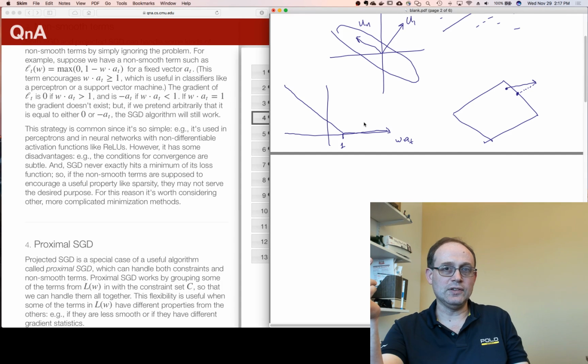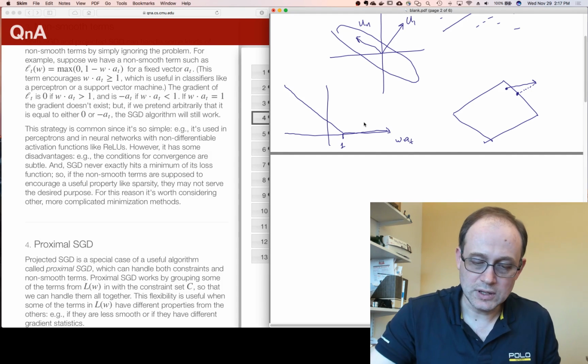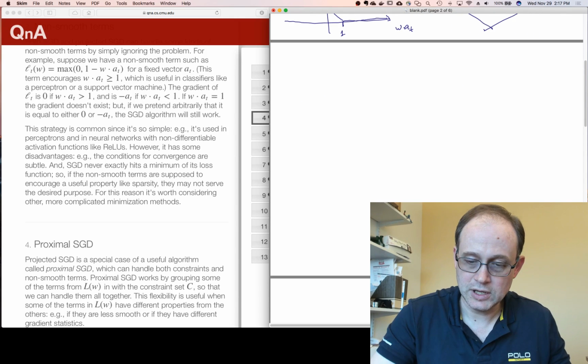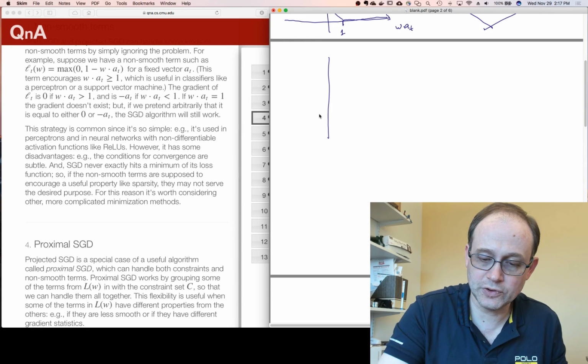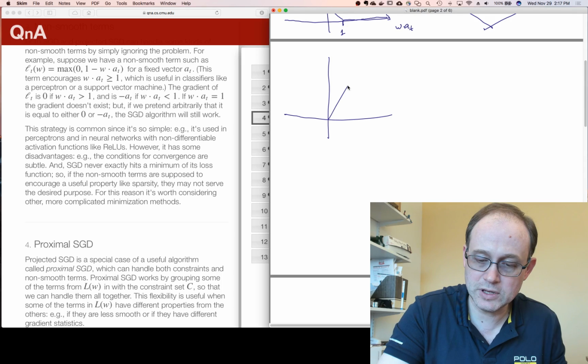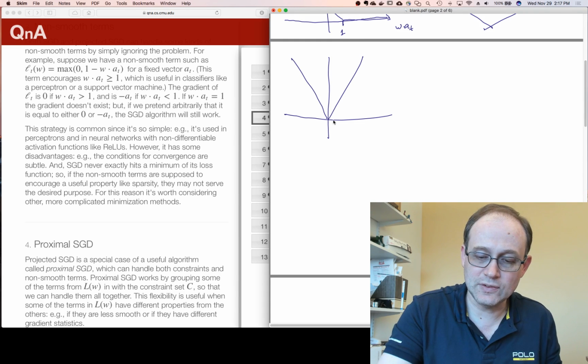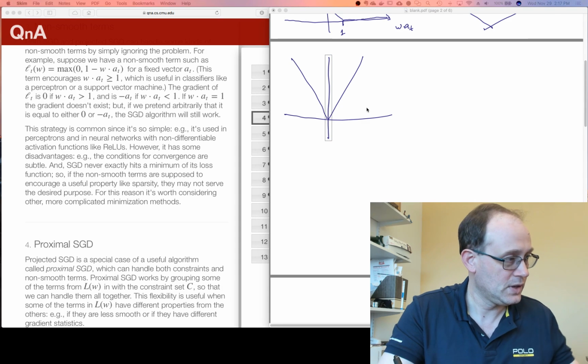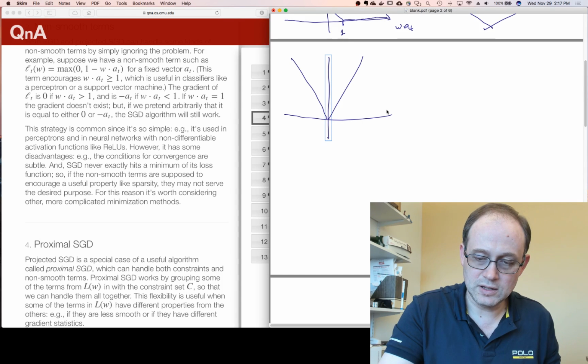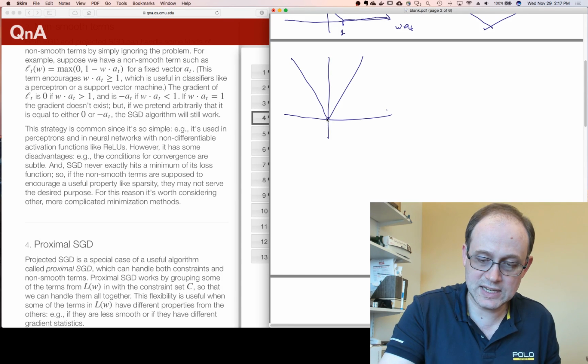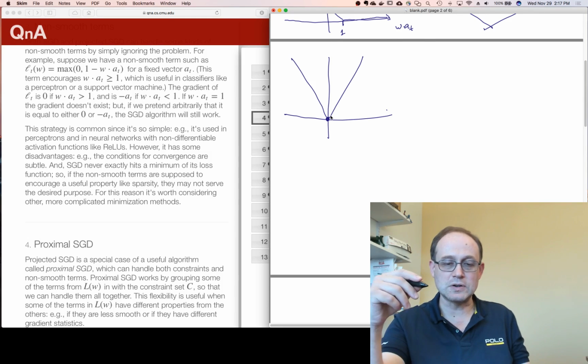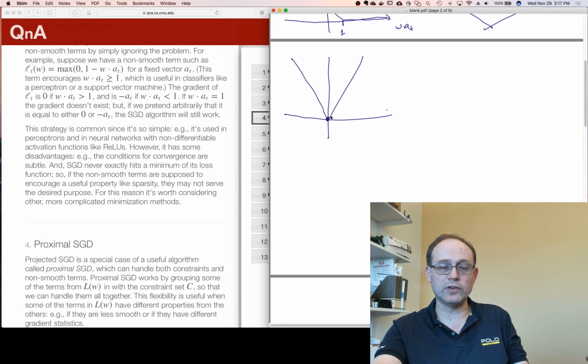The other thing is that if you have a loss function for some component of W that has a point of non-differentiability at 0, and a non-differentiable minimum at 0, what you'd like is to have it stick at a hard 0, so that you have an actual sparse weight vector.